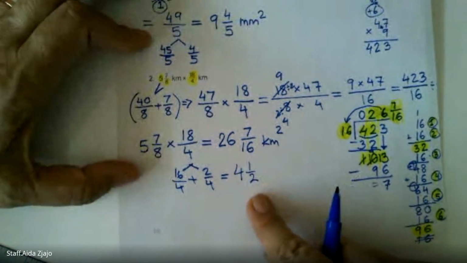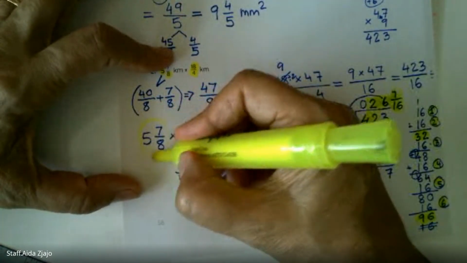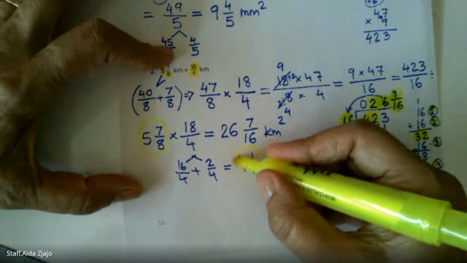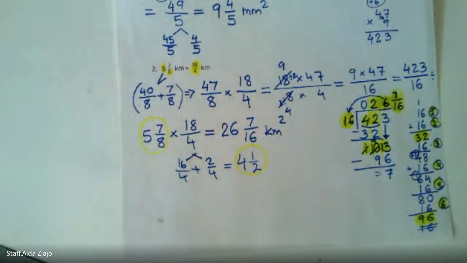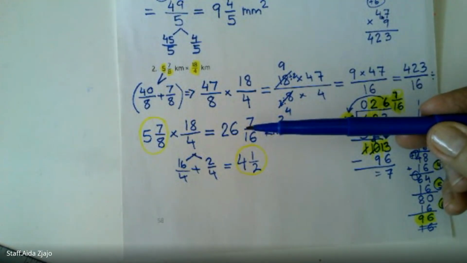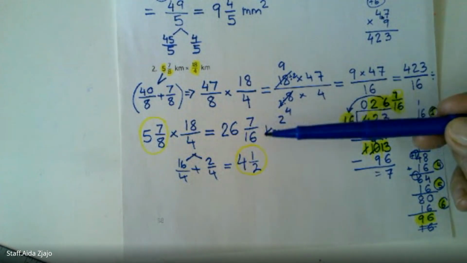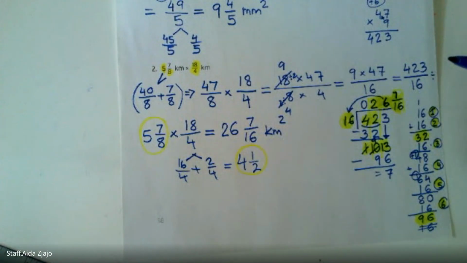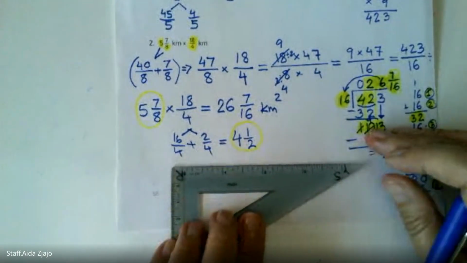So I can draw a picture of 5 and 7/8 and 4 and 1/2, and I will get the same answer as this one, 26 whole square kilometers and 7/16. If that will help you, I don't mind to do so.